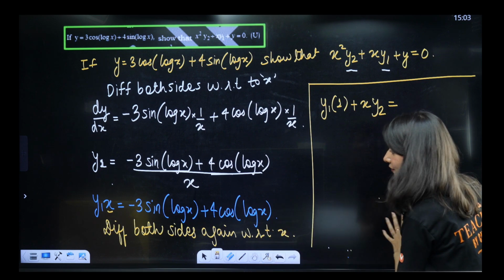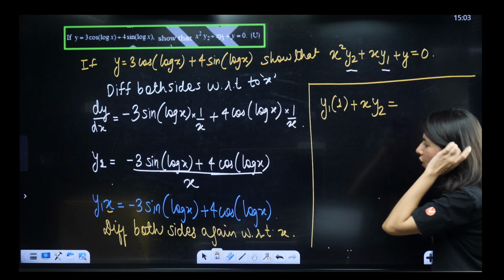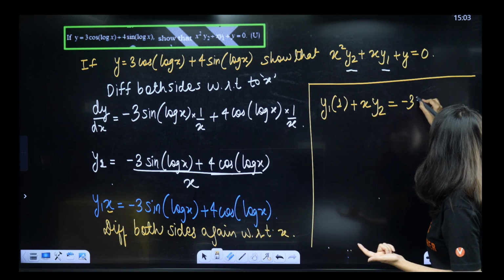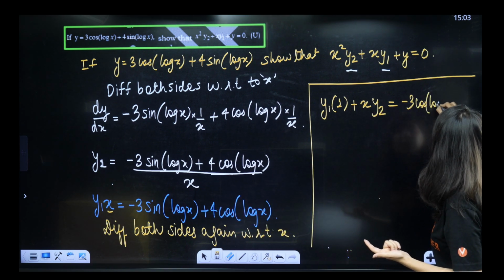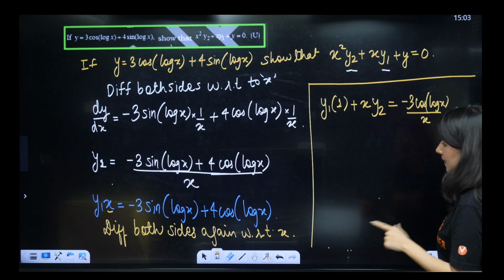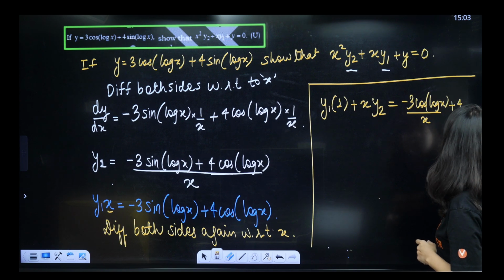Equal to, now you have to differentiate the right hand side, minus 3 sine log x. So minus 3 as it is, derivative of sine is what? Cos log x. Derivative of log x is what? 1 upon x.